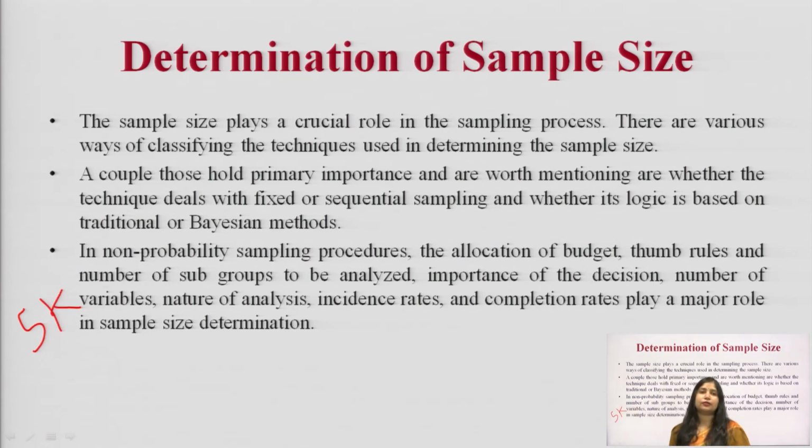sample size. So, this sample size plays a crucial role in the sampling process, and there are various ways of classifying the techniques used in determining your sample size. A couple of primary importance worth mentioning are whether the technique deals with fixed or sequential sampling, or whether it is logical or based on the traditional or Bayesian method.